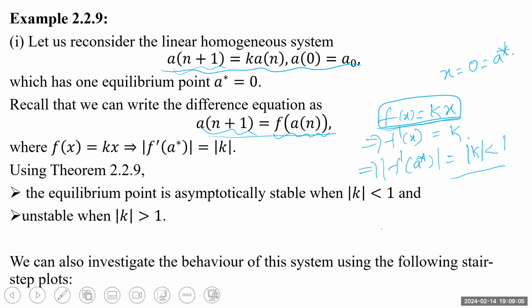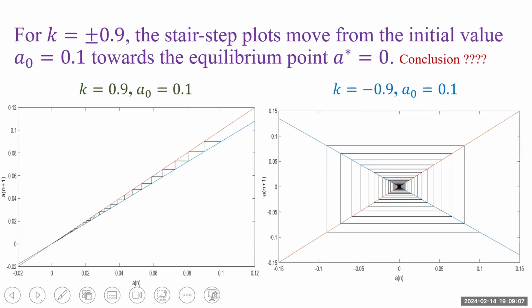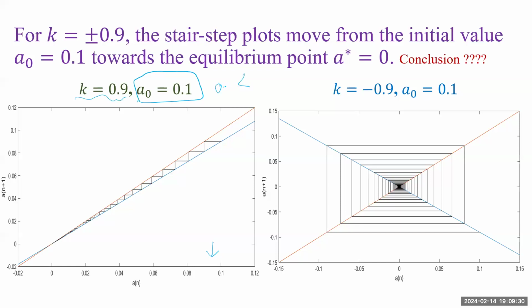So here, in this first diagram, the initial condition a naught is equal to 0.1, and k is equal to 0.9. 0.9 is less than 1.